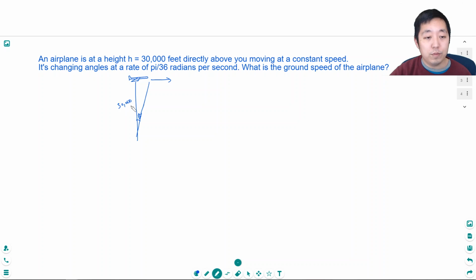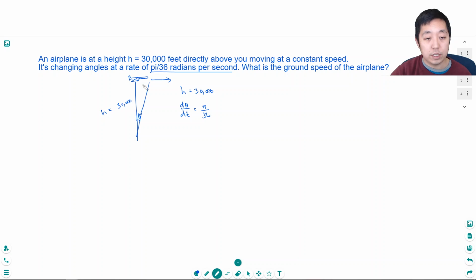I want to figure out a few parameters here. So we're going to say h is equal to 30,000, and it'll be this side of the triangle. This kind of makes a triangle. I'm given that d theta dt, the rate of change, is equal to pi over 36.